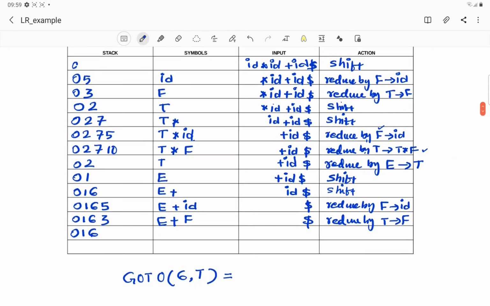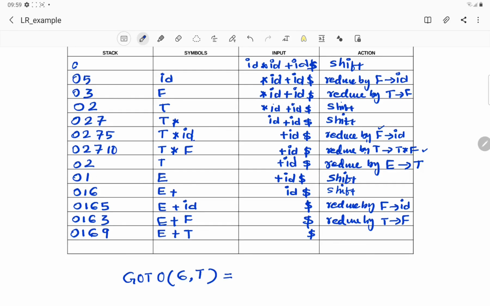So that 9 will be pushed here. Then this will become E plus T, because F is reduced by T, and next input symbol is dollar itself.